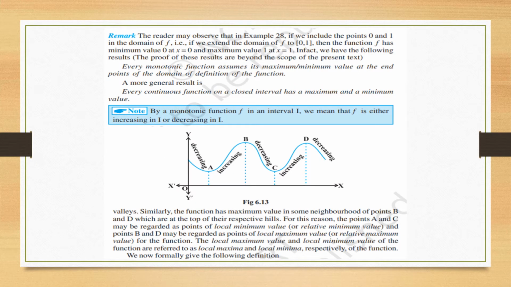Now we need to understand what a monotonic function is. Okay, the meaning of a monotonic function is that it takes either its maximum value or minimum value, and this maximum or minimum always occurs at the end points of the domain of definition of the function. Definitely, if a function is monotonic, meaning it is increasing only, then at the lowest point it will have the minimum value, and at the highest point it will have the maximum value.